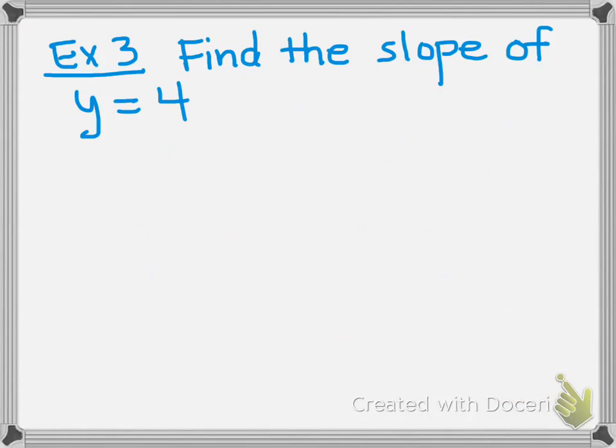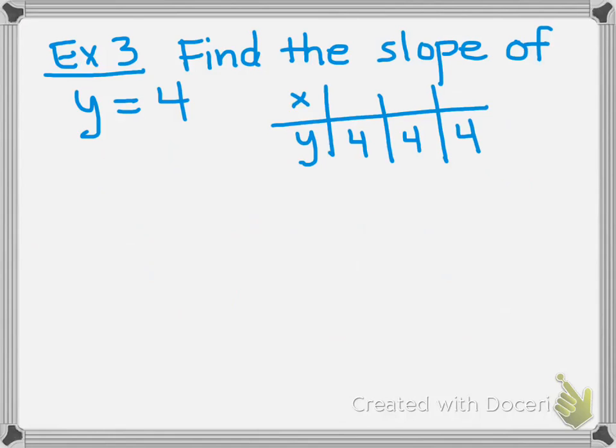Okay, example 3, find the slope of y equals 4. Alright, if we make a table for this, because this is a little different, y equals 4 means that y is always 4. So it doesn't matter what x is, y is always 4. So we'll use x as 0, 1, and 2.